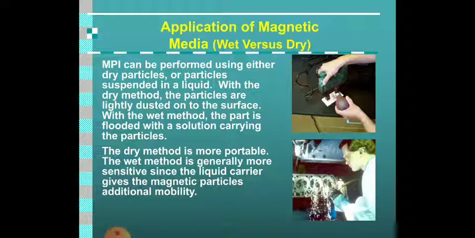This method is likely to reveal a subsurface flaw better than the wet method.